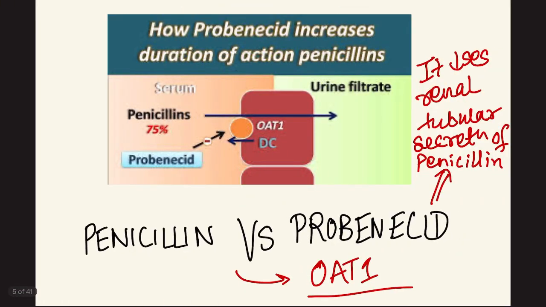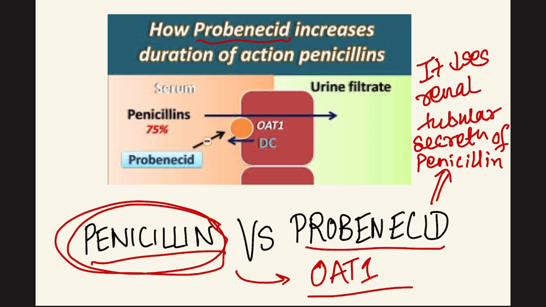Now coming to one clinical application of this active transport, probenecid and penicillin. So these two drugs are usually given together to increase the duration of action of penicillin. And how does it occur? Because these two drugs are excreted into the renal tubules by tubular secretion by the organic anion transporter 1.